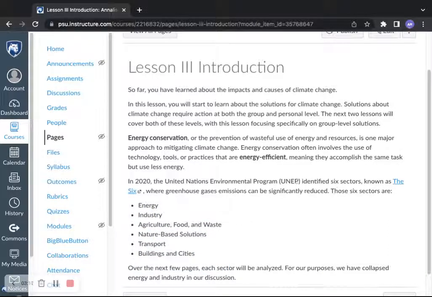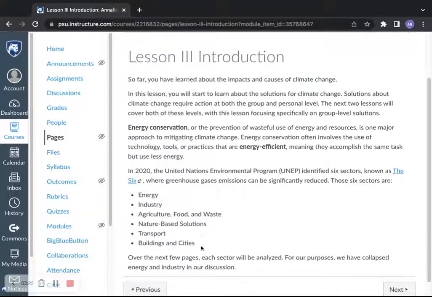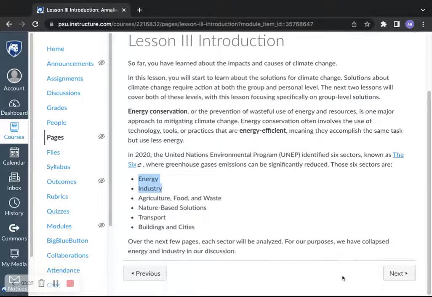For this, I use the UNEP's 6 sectors, known as the 6, that identify areas of industry and policy that can greatly affect the climate change situation. I did put energy and industry together in the pages, but they are separated in the UNEP. So over the next few pages, each of these sectors will be looked at in more detail.